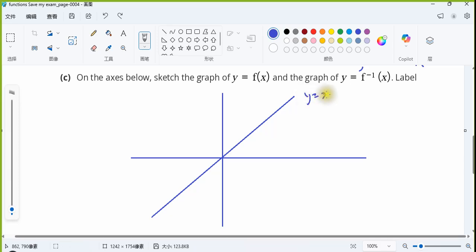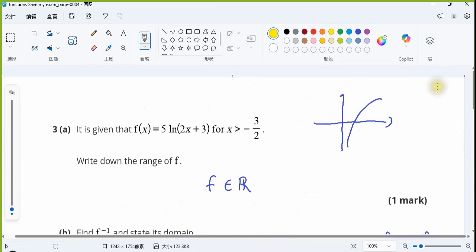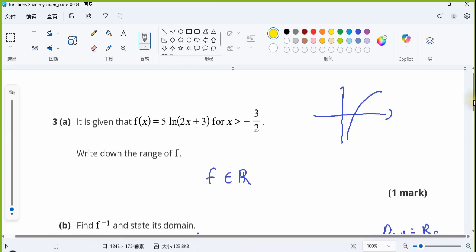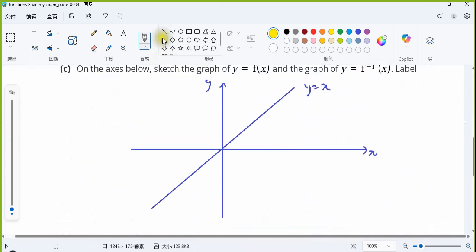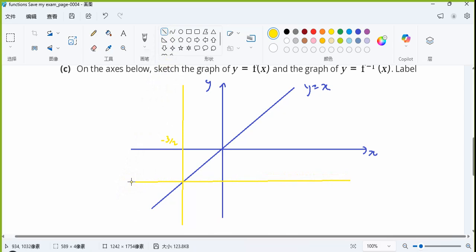This is x, this is y. And then we have negative 3/2 here, and this also negative 3/2.